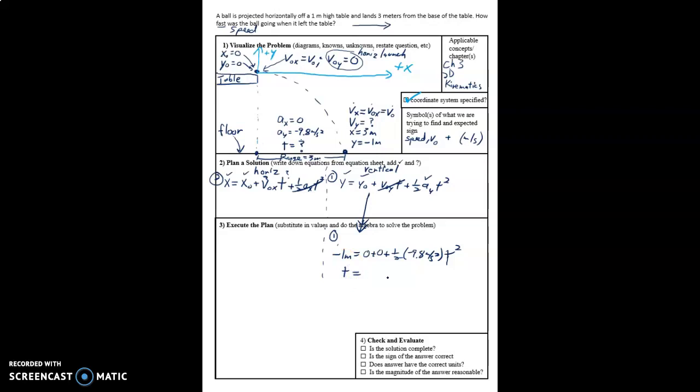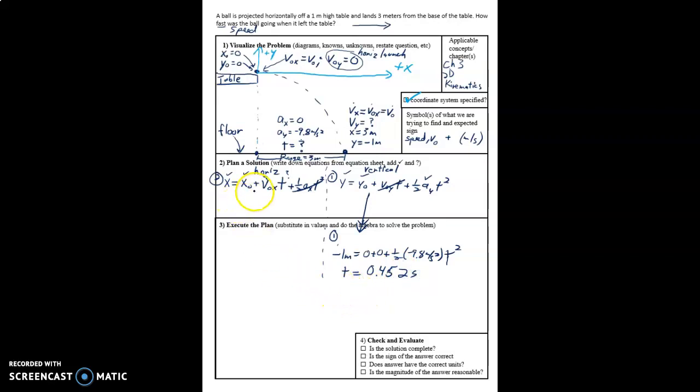And then we solve this and we get t equals 0.45 seconds. And just for an extra significant figure here, it's actually 0.452 seconds.